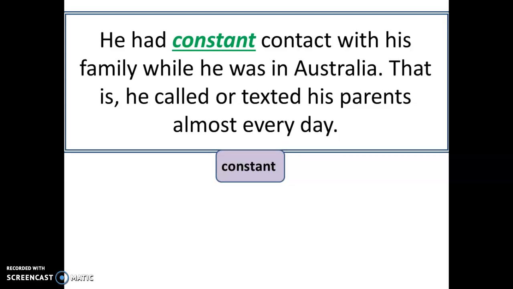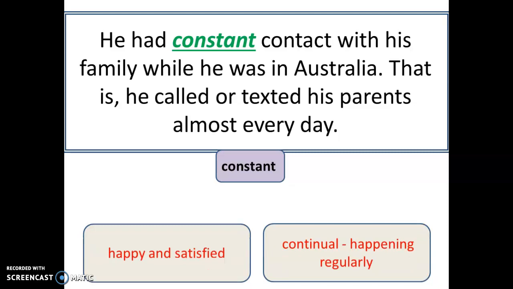So have a look and please tell me which one means constant. Okay, so constant means continual. It comes from continuous, continue, or happening regularly, all the time. Okay, so he had continual contact with his family, like every day, all the time.